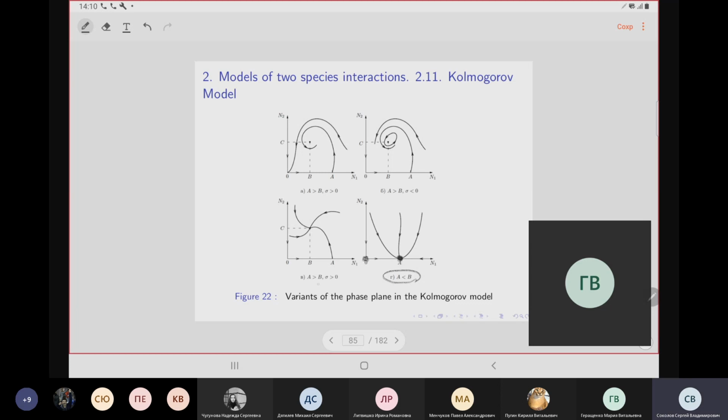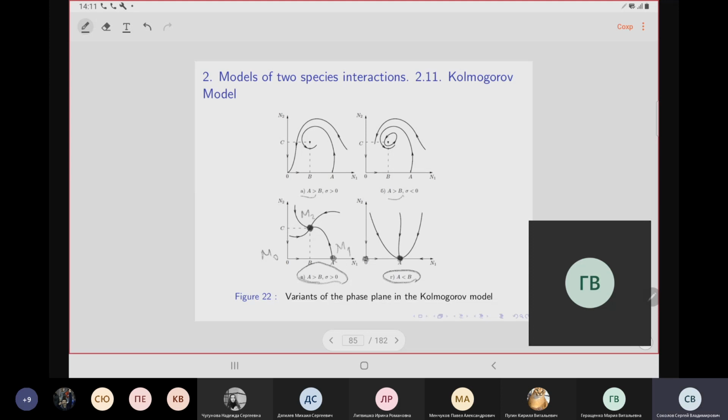And all three other variants, sigma is positive, so there is our point M2, M1, and M0. So we see a node. It is stable, so all of our trajectories are going to M2 with time.